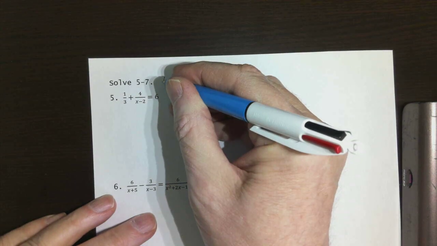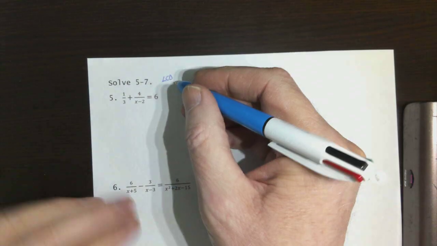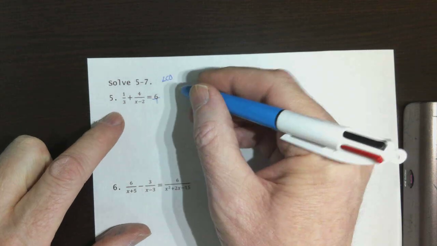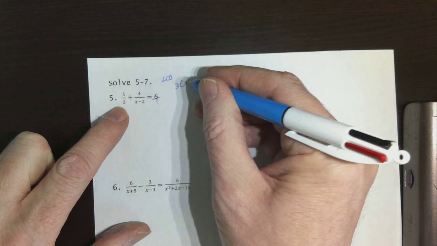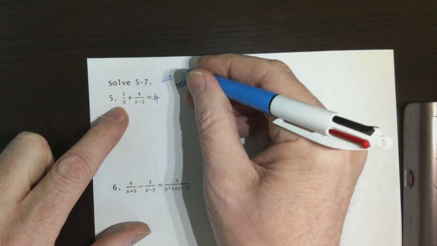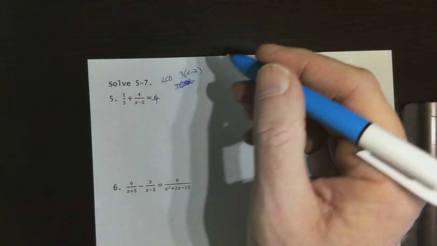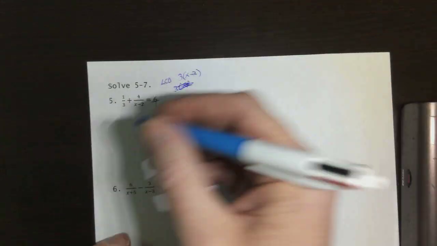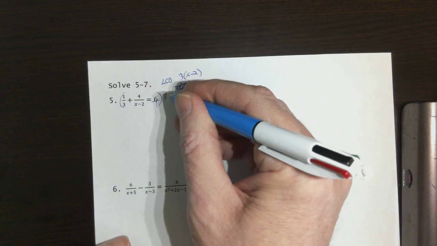We're going to multiply by the least common denominator. All right, this is 6 over 1, so I need a 3, and I need an x minus 2. That's a 3 times x minus 2, and that 1, that's fine. So I'm going to multiply this whole equation by 3 times x minus 2.